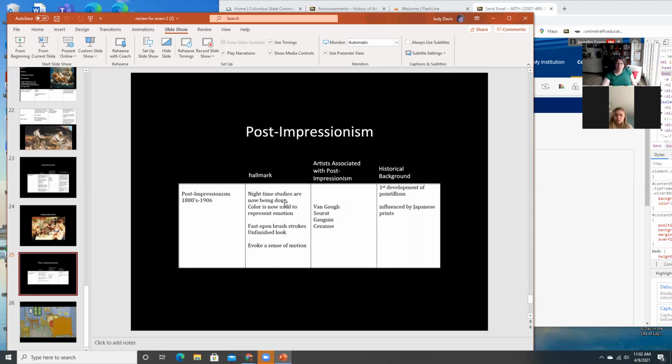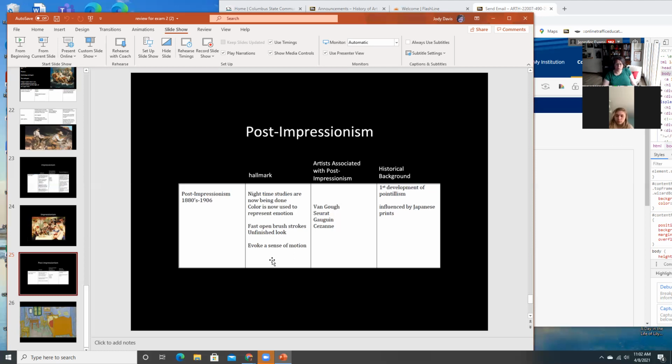Nighttime studies are being done more and more, and we see this fast, open brush stroke that's not gone over again and over again like the Impressionists do, but a quick application of paint. It feels like it has a lot of movement. That movement seems to evoke a sense of emotion and motion.